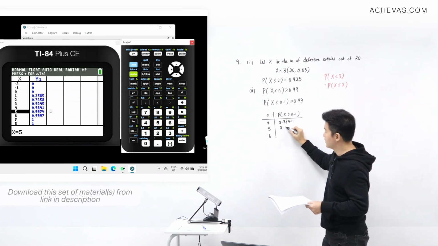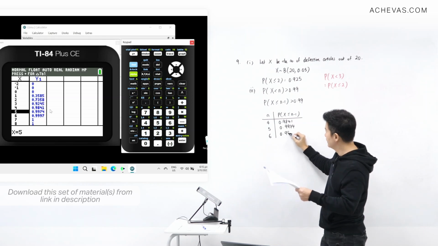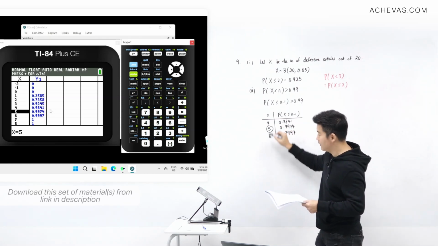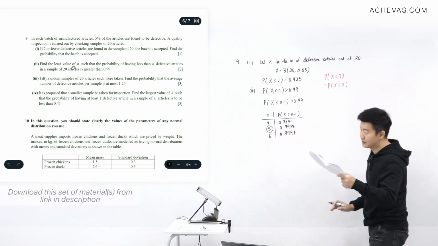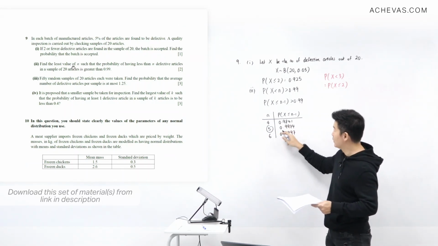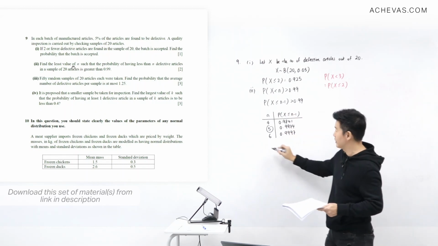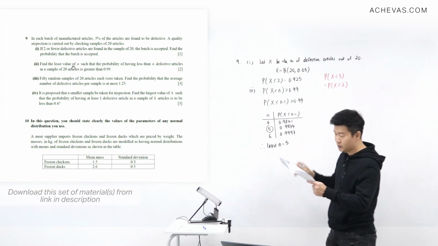The other one is 0.9974, and now this is bigger than 0.99, and here is 0.9997. So 5 is what we need because the question asks for the least possible value of n. The rest are all going to be bigger than 5 already when we get probabilities bigger than 0.99. Therefore, the least possible n is equal to 5.